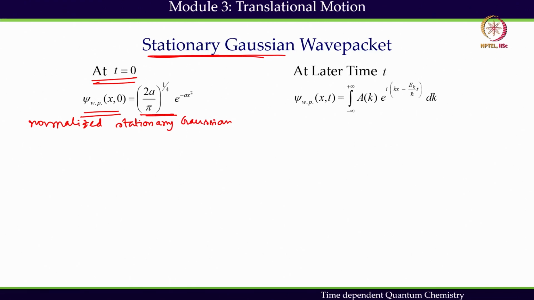And then this is the final form of the wave packet. At different times I will be able to find out: if I know at t equals 0 what I have, I will be able to find out at any later time the typical shape of the wave function.